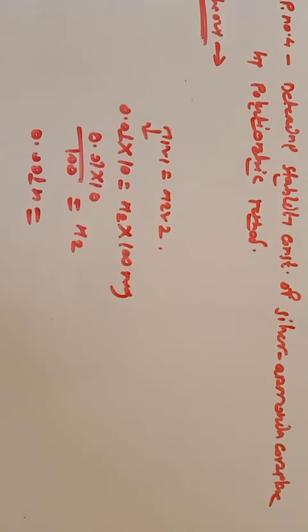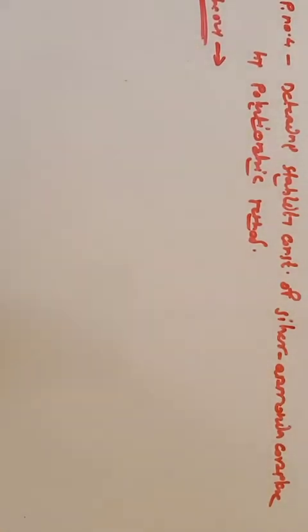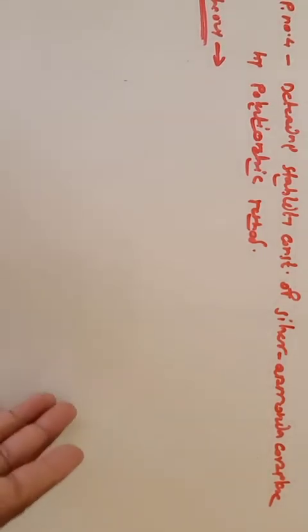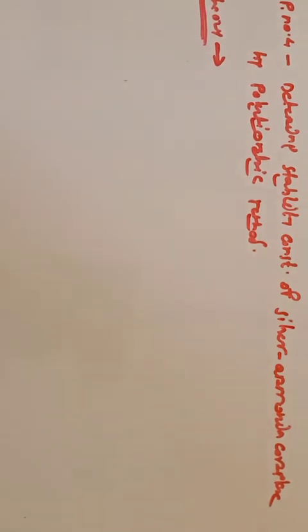This is the concentration of this AgNO3 solution. So to prepare the cell, the silver electrode is there, then 0.001 normal AgNO3 after dilution, salt bridge, and then silver ammonia complex.